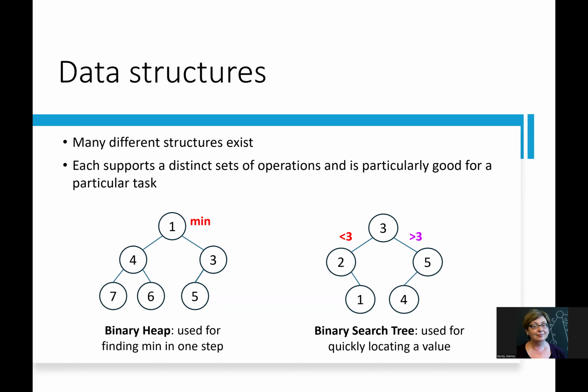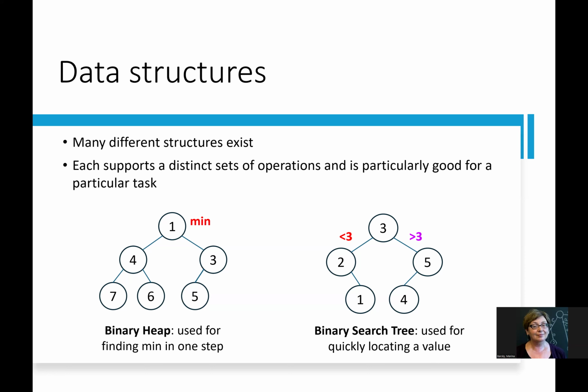In this example, if we only want to find the minimum in the sequence of values, we could arrange elements into a binary heap. And in this case, we would be able to find the minimum just in one step. However, a binary heap is not good for search.